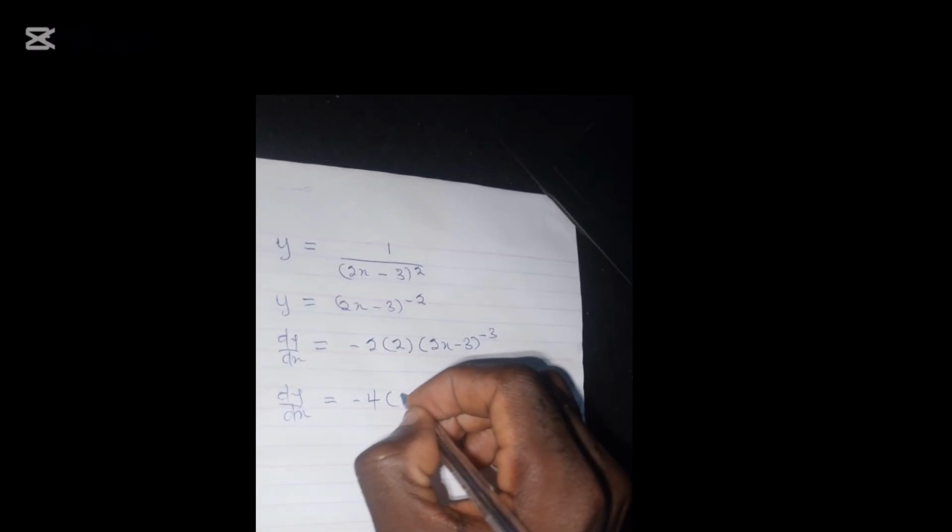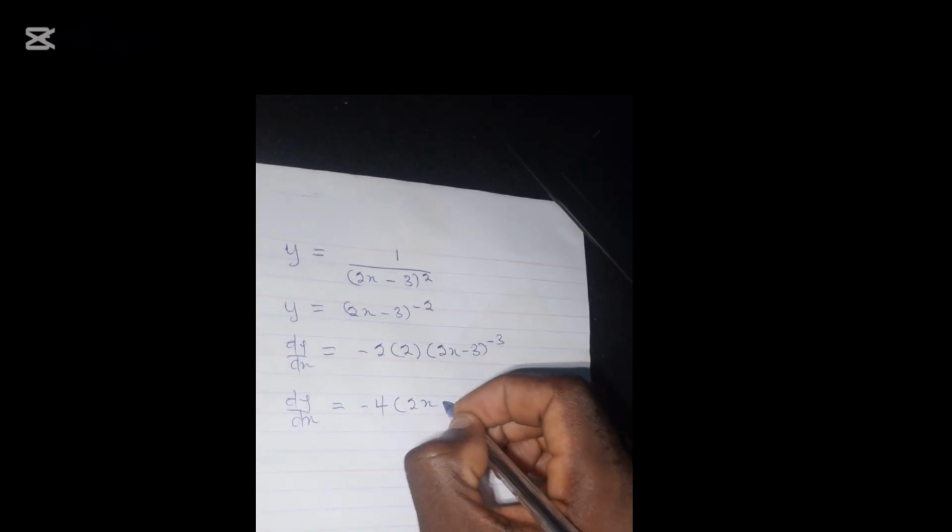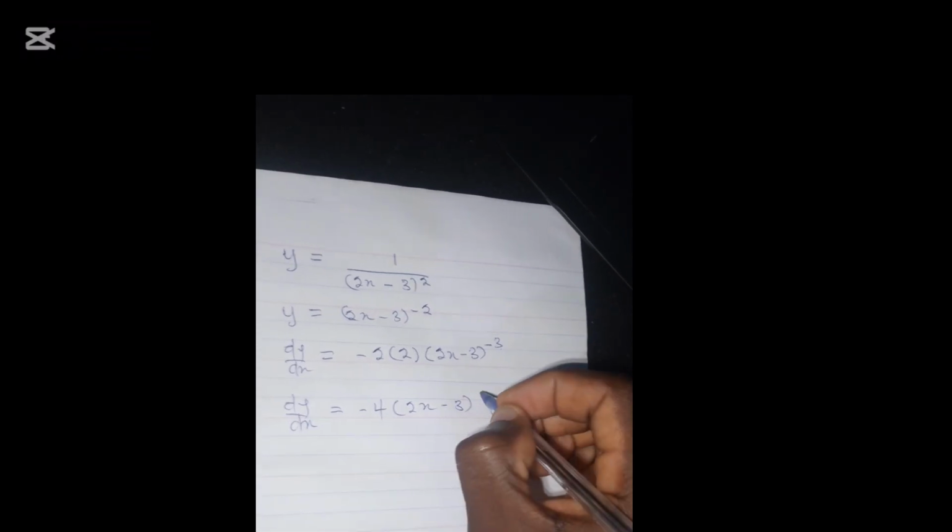So it means dy dx is going to be negative 4 multiplying 2x minus 3 all raised to the power negative 3. And then, like I said, when a function is given to you in this form, you have no business keeping your answer this way, especially when it is raised to the power negative 3.